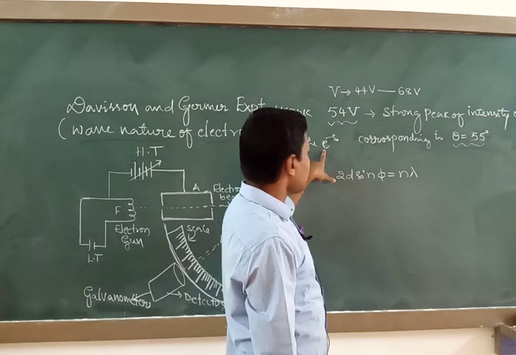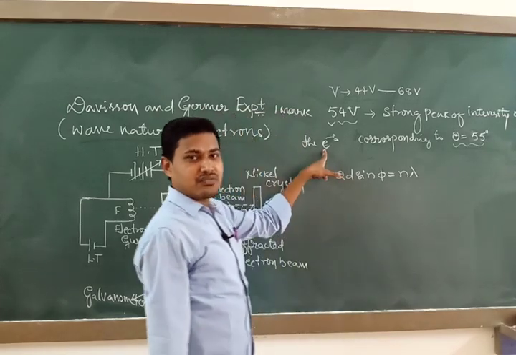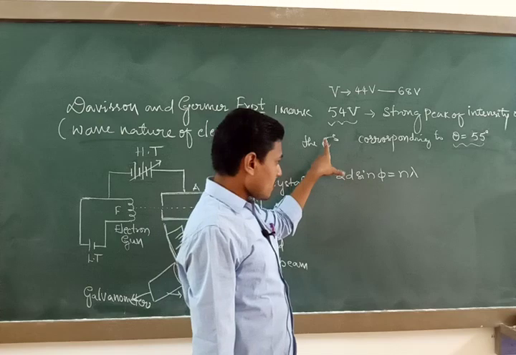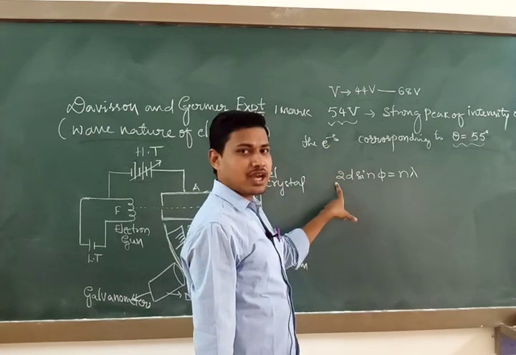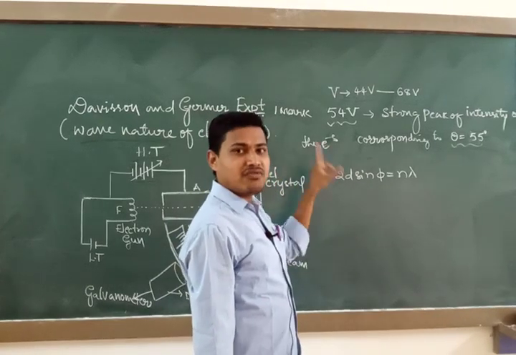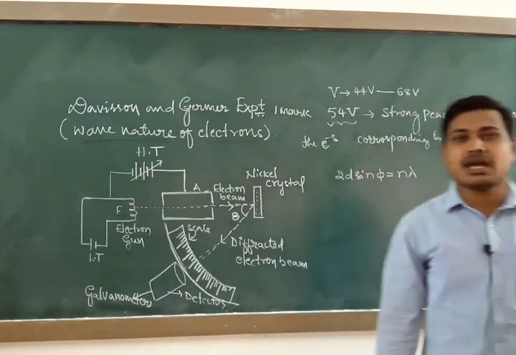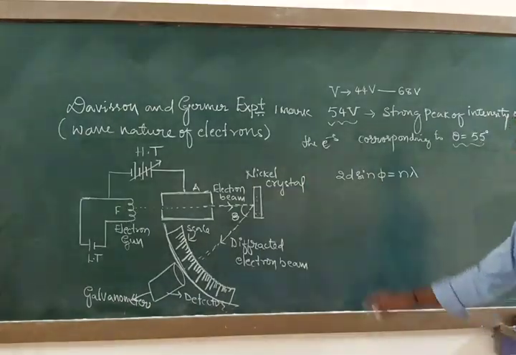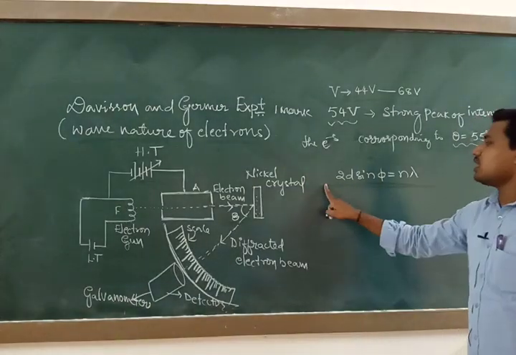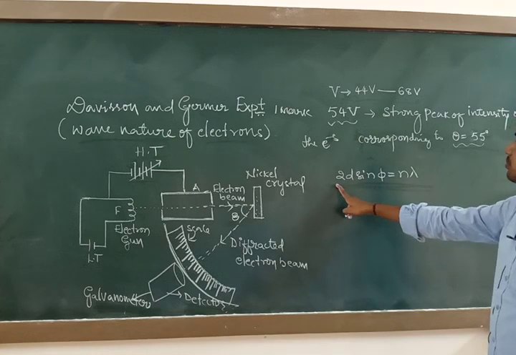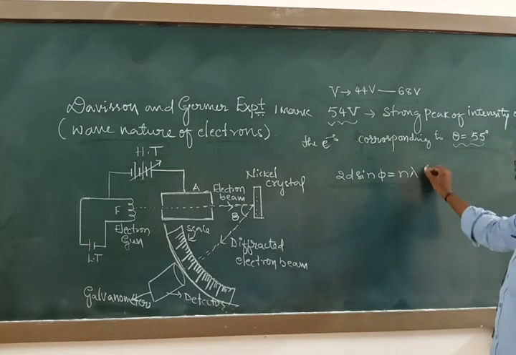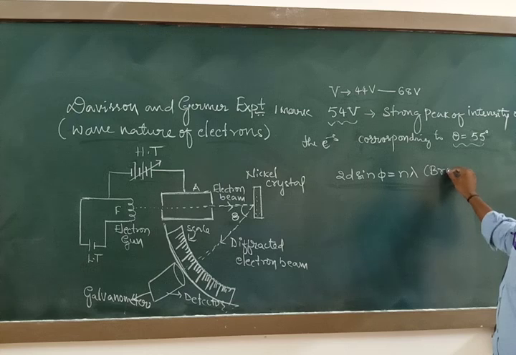This will be because of constructive interference, and hence if I want to calculate the wavelength of those scattered electrons, I am going to use the equation according to Bragg's law of diffraction. This equation is proposed by Bragg.